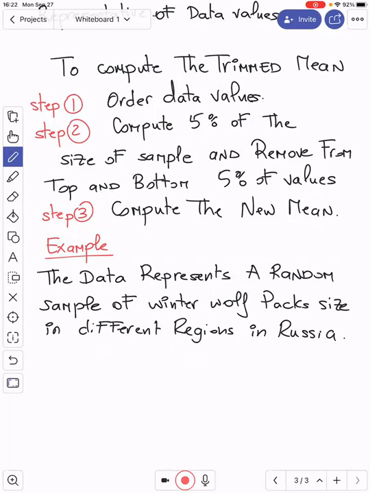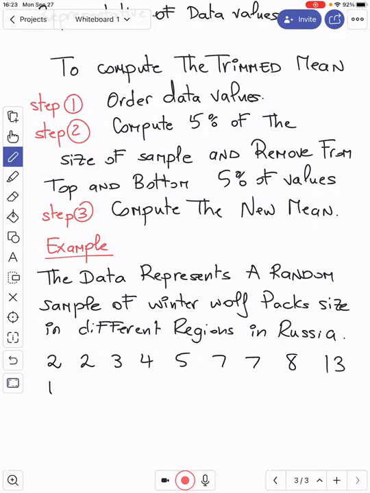All right, so let's say we have the following data. In the first region, let's say the size of the pack is 2. Then we have 2, and then 3, 4, let's say 5, 7. Next region, we have also 7, 8. Then we have, let's say, 13.